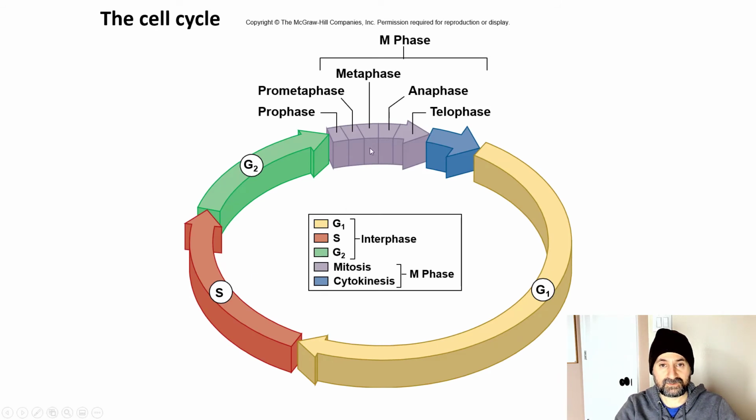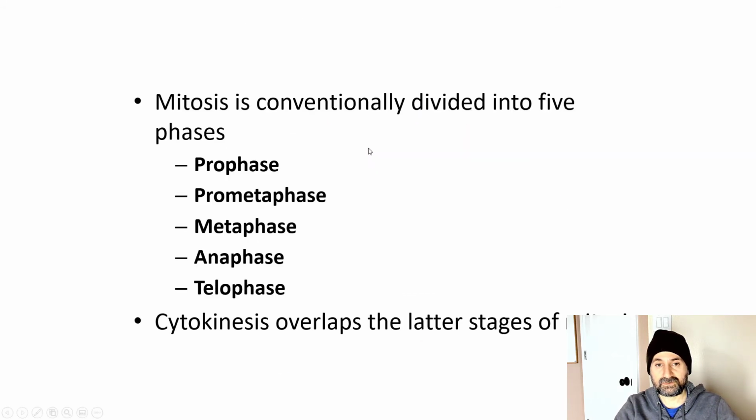So here you can see the cell cycle. Remember, this is interphase here, the yellow arrow, the orange arrow, and the green arrow. These constitute interphase. And then you have the purple and the blue arrows, which comprise M phase, or mitotic phase. So let's break these down.